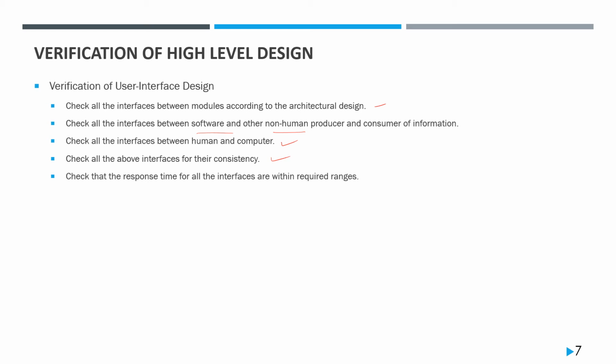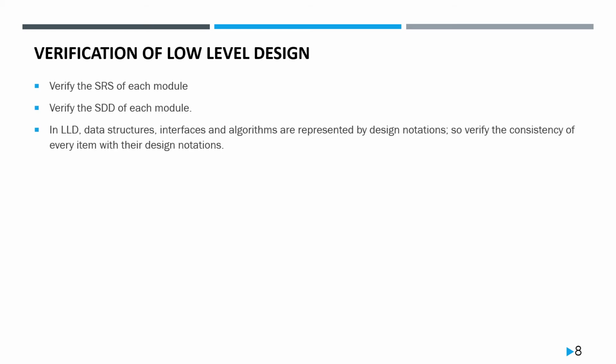Now come to verification of low-level design. In this verification, low-level design is considered. The abstraction level in this phase is low as compared to the high-level design. In low-level design, a detailed design of modules and data is prepared such that operational software is ready for this.